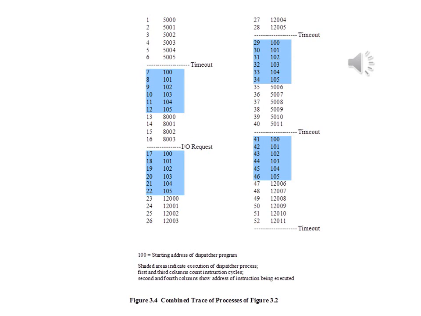Therefore, the processor stops executing process B and moves on, via the dispatcher, to process C. After a timeout, the processor moves back to process A. When this process times out, process B is still waiting for the input-output operation to complete, so the dispatcher moves on to process C again.